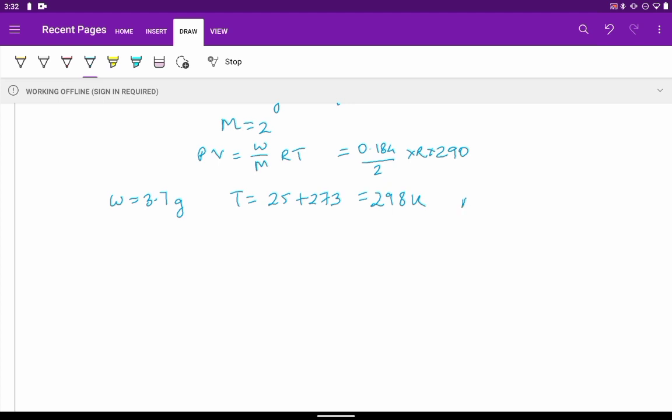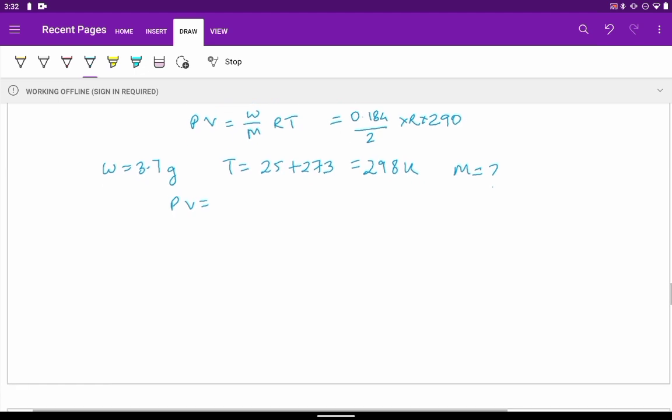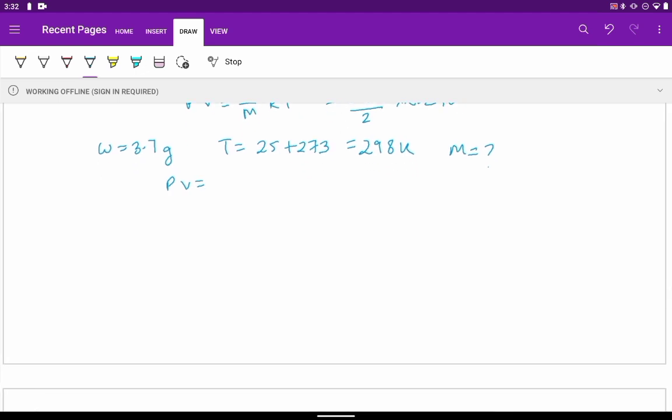So M we do not know, that is the unknown quantity we have to find out. Here also, because they are maintaining the same pressure and volume, PV is equal to W by M into R into temperature: 3.7 by M into R into 298.